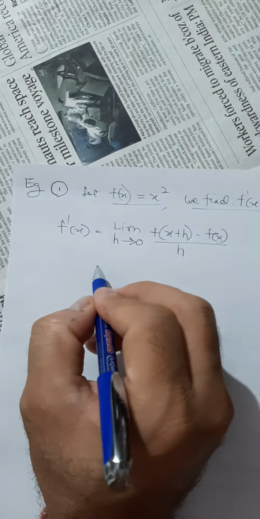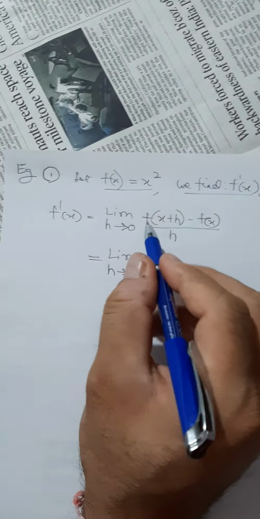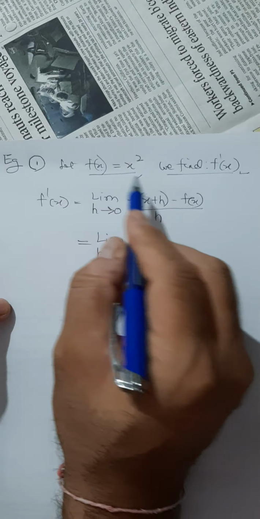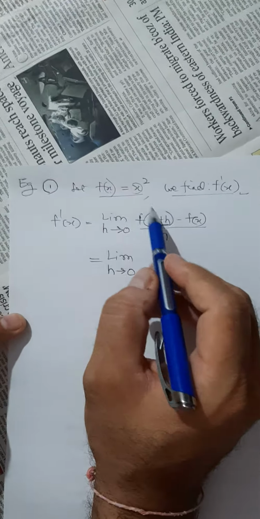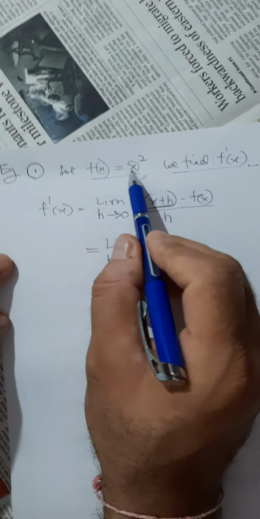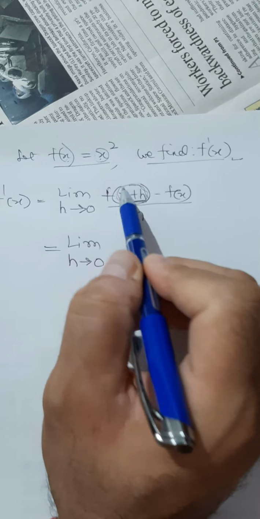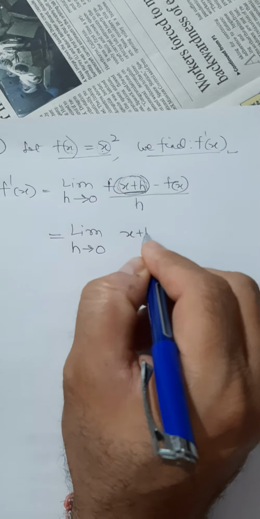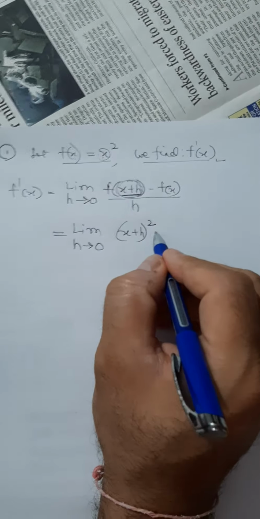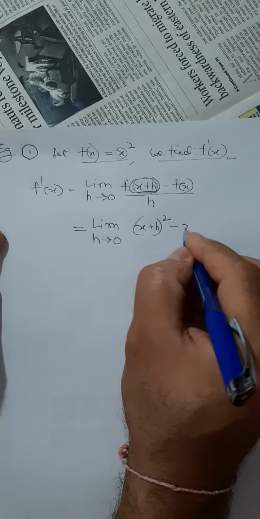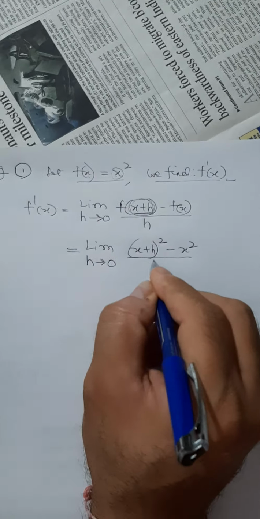This is the formula. So this equals limit h tends to 0. What's the meaning of f(x + h)? In the formula of the function, instead of x, you put x + h. I repeat, in the formula of the function, in place of x, you put x + h. So this becomes (x + h) the whole square, minus, what is f(x)? x square, upon h.